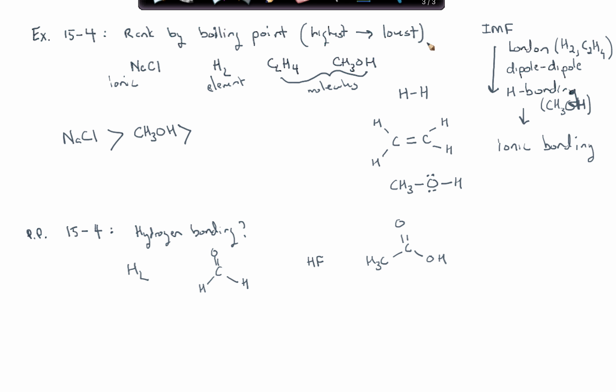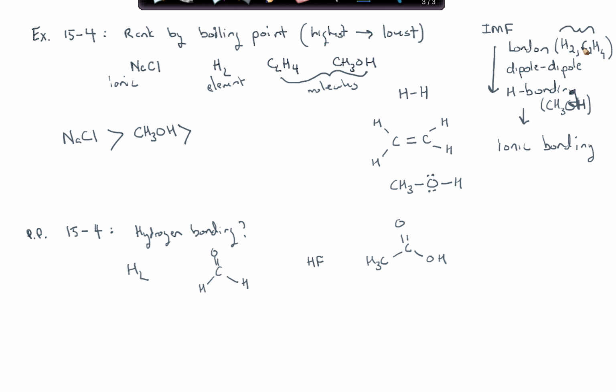And then we have to compare these two. We have to look at hydrogen and ethene and ask ourselves which one has the stronger London forces. They both only have dispersion London forces, but London forces get bigger as molecules get bigger. The molar mass of hydrogen is 2, and the molar mass of ethene is about 28. So this is a much, much larger molecule than the hydrogen molecule.